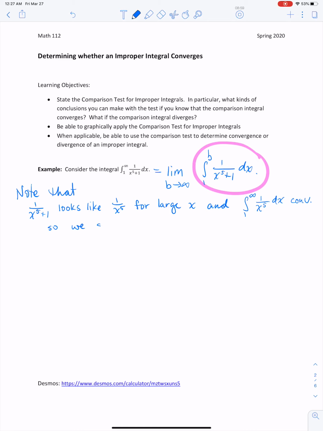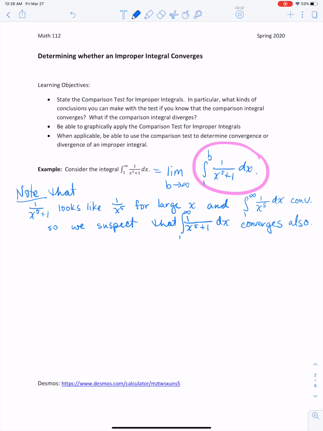So we suspect that the integral from 1 to infinity of 1 over x to the fifth plus 1 converges too. Okay, so that's our suspicion. And we'd like to be able to make that rigorous.